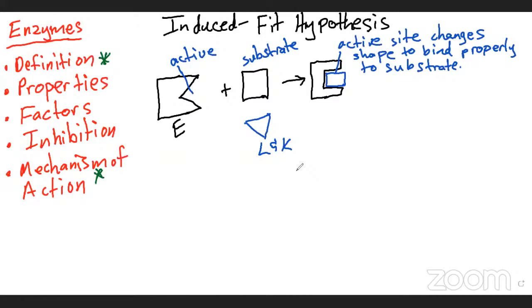How does it change shape? So remember, enzymes are proteins. Someone asked, how does the active site change shape? Remember the ionic interactions and hydrogen bonding that keep the three-dimensional shape of the protein intact.